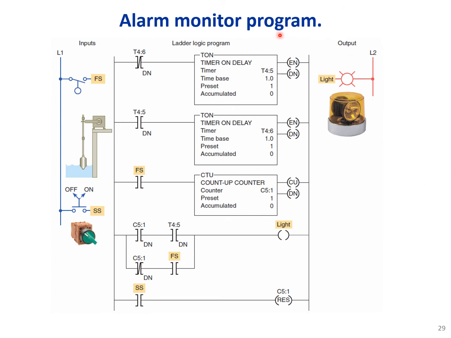Alarm monitor program. Here we have a level of water and a sensor that measures the level of water. This is the symbol of that sensor, and we have this switch here that can switch from on to off. In the first two rungs we are using two timers and using the downbit of the other one to trigger them.